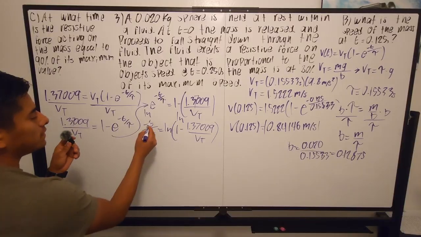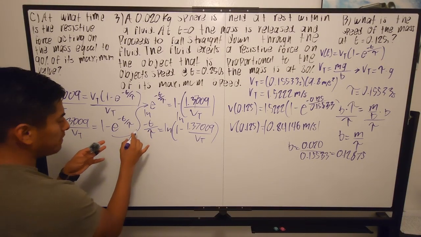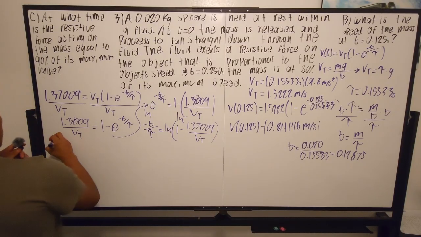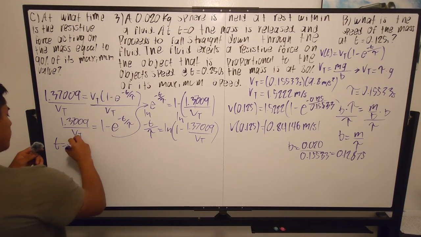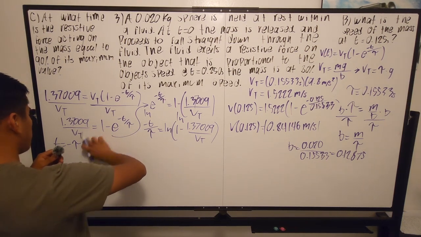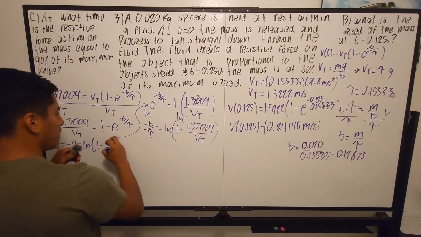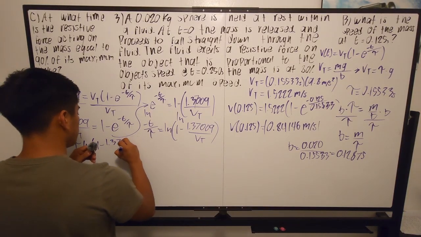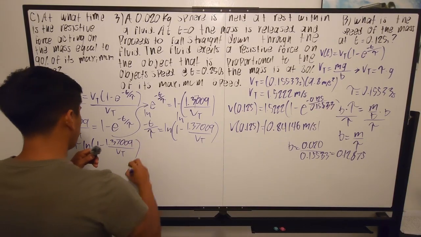And now to finally isolate t, I'm going to multiply both sides by negative tau. So then we'll have that the time is equal to negative tau multiplied by the natural log of 1 minus 1.37009 all over the terminal velocity.